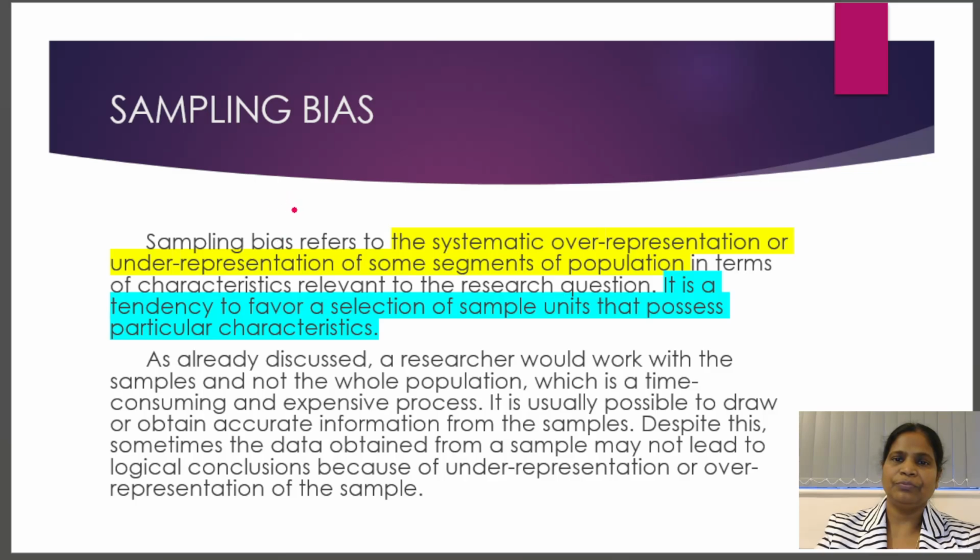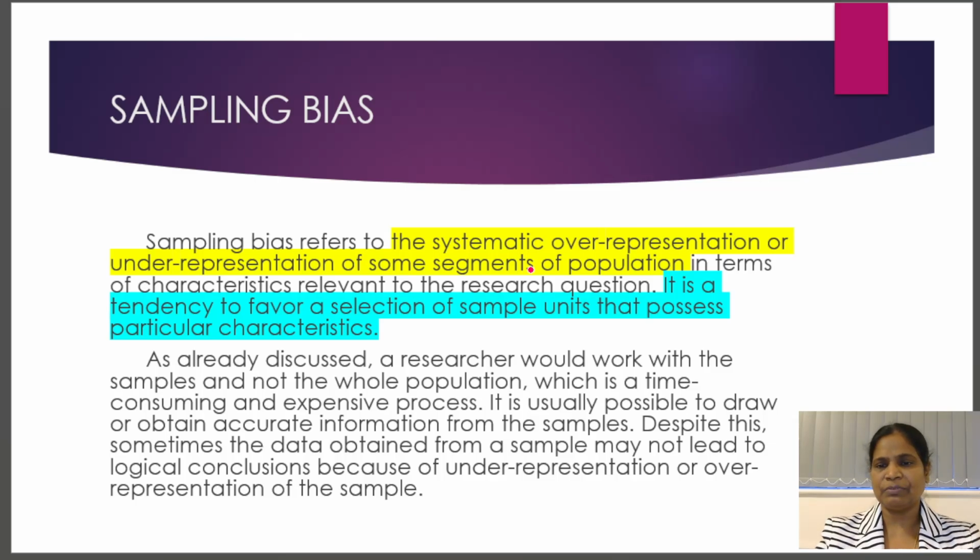It should be free from bias, personal opinions, or the personal interests of the researcher, or just for convenience's sake taking a small sample, whichever is available, without knowing how much sample to take. All these sampling biases refer to the overrepresentation or underrepresentation of some segments of population.